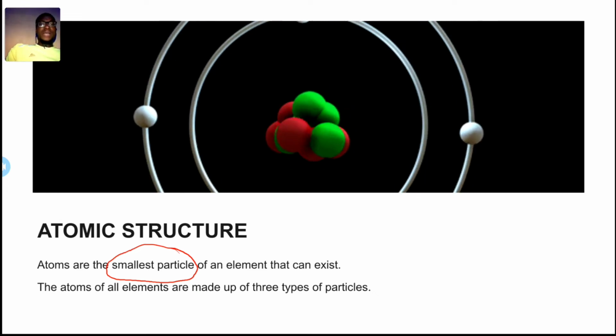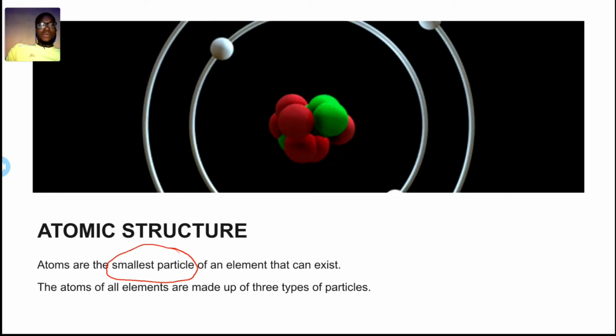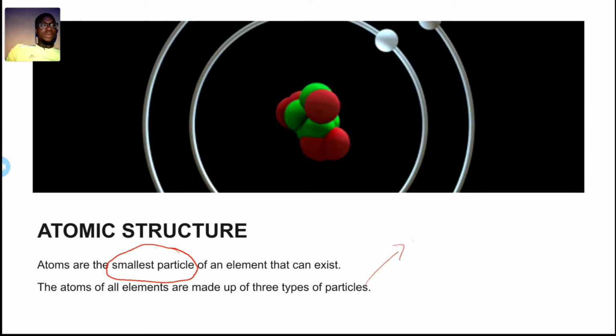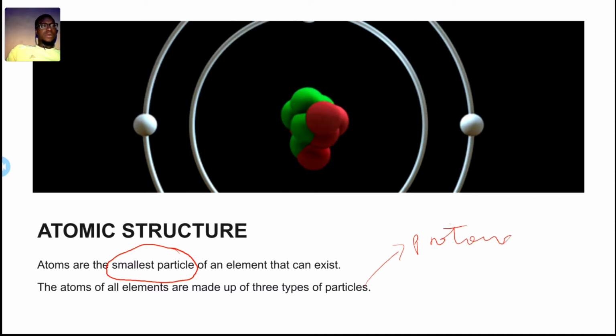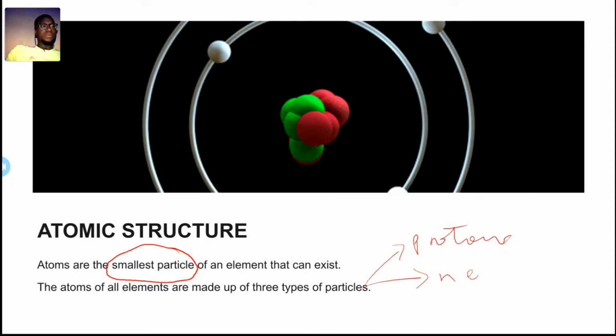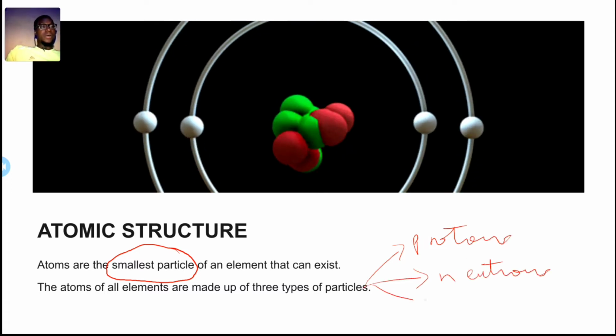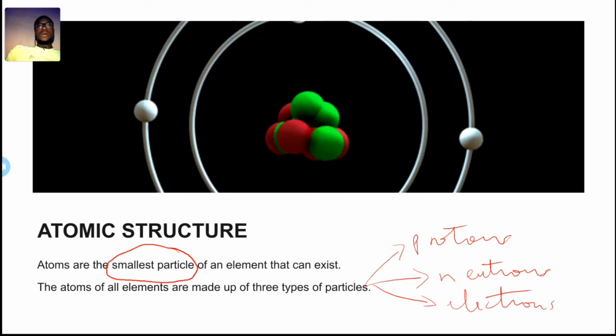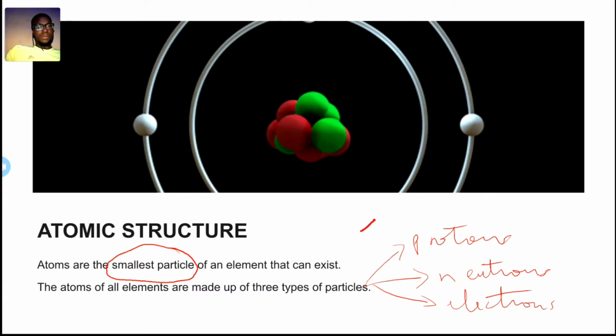Now there are three particles in an atom. You have the protons, you have the neutrons, and you have the electrons. We're going to talk about all of this in this video.